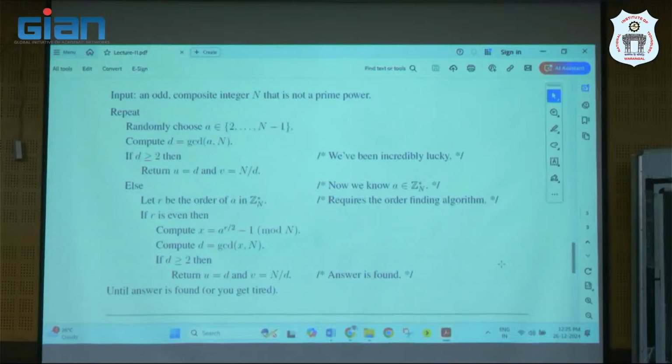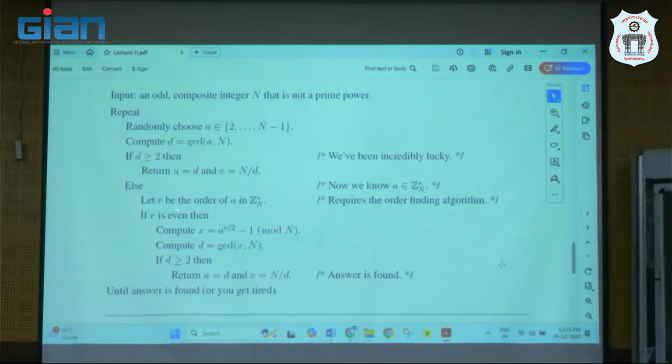Agreed? So that is done. Otherwise, A is co-prime to n. So that means A belongs to Z star n. Agreed?